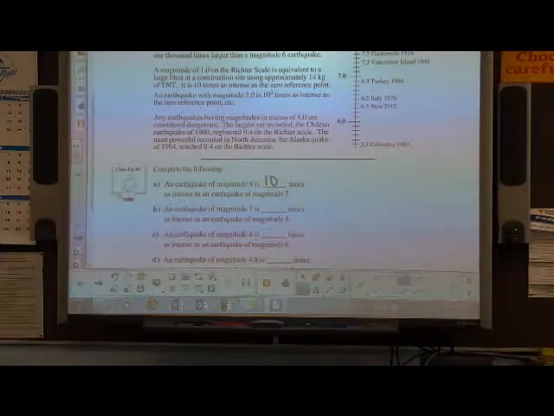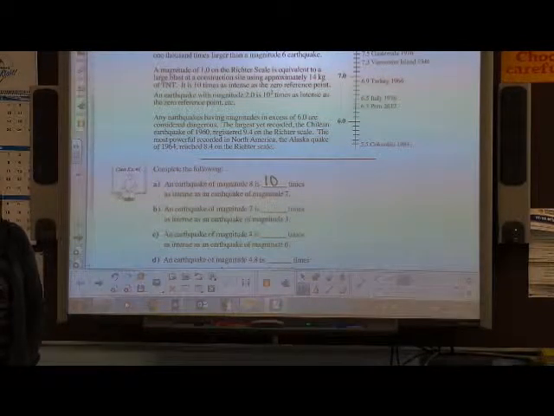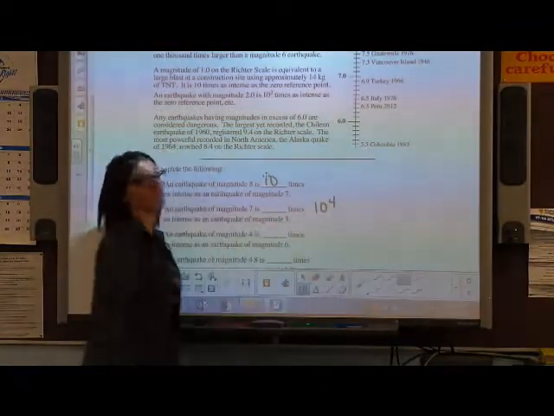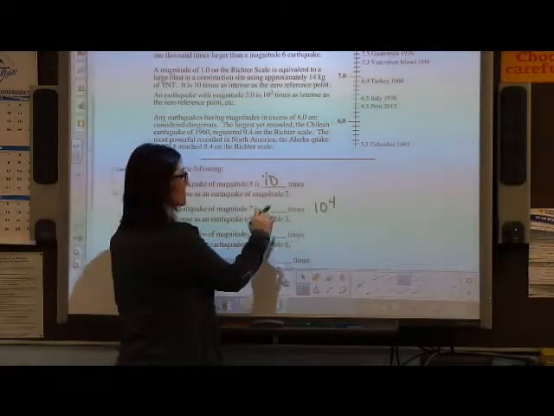An earthquake of magnitude 7 is how many times greater than an earthquake of magnitude 3? Not 40. It's 10 times 10 times 10 times 10, so 10 to the power of 4, which is 10,000.